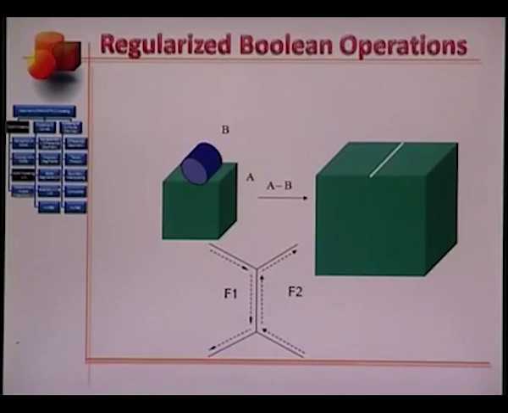Let's take a look at the third example again. The difference between the block A minus the cylinder B. Look at this slit here, which opens up the top face of the block. This corresponds to the common line between the cylinder and the block. The two kinds of singularities.